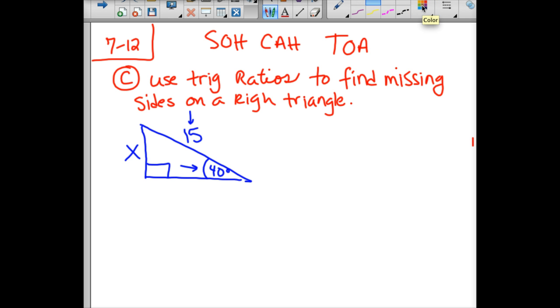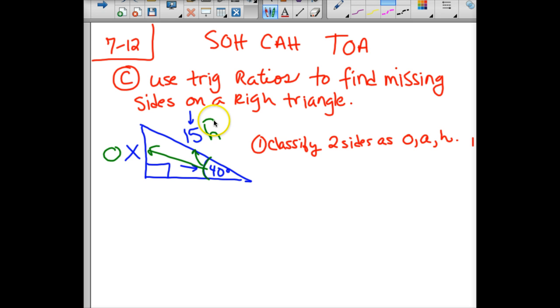The first thing you do is you classify in your head or on paper the two sides you're working with as opposite, adjacent, hypotenuse. So let's see what I mean by that. When I'm looking at this 40-degree angle, the x that I'm looking for is opposite it. The 15 that they gave me is the hypotenuse because it's across from the right angle.